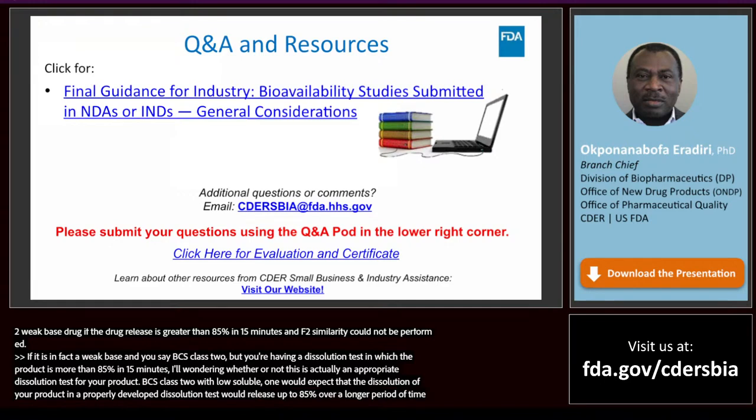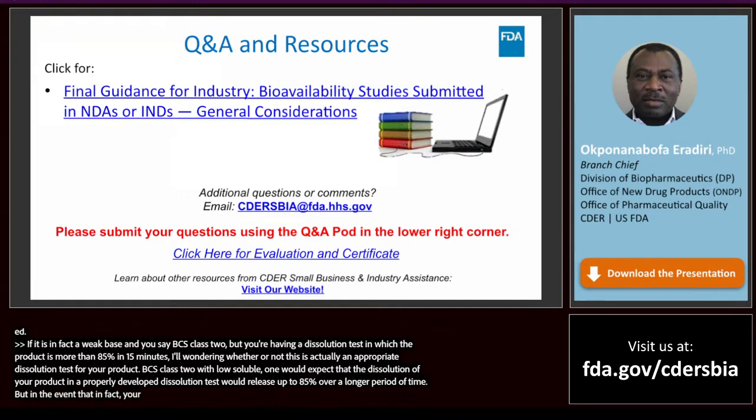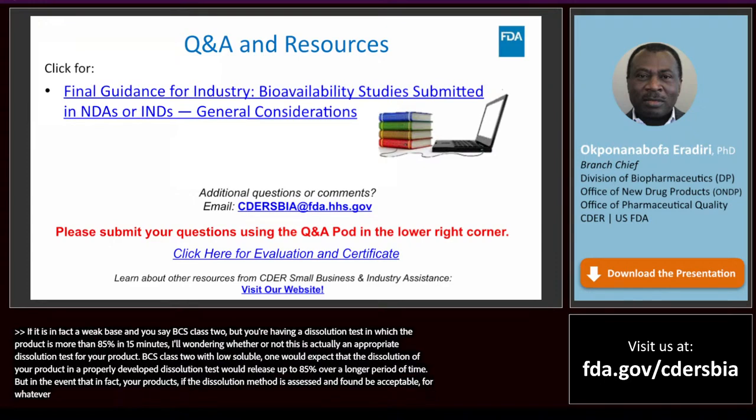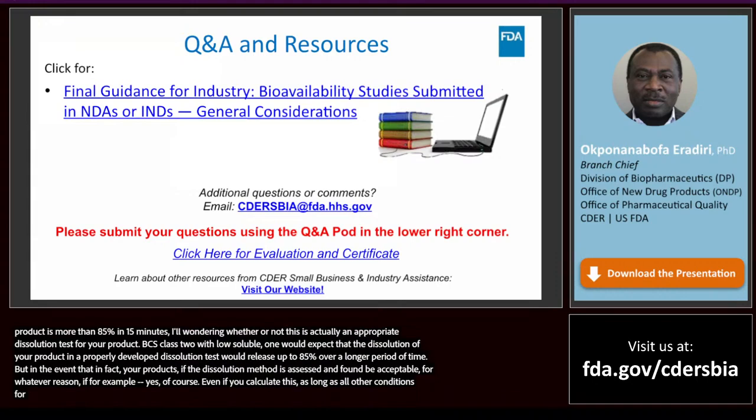But in the event that the dissolution method is assessed and found to be acceptable for whatever reason, if, for example, you didn't use surfactants and all that, if the method is assessed to be acceptable, then yes, of course, even if you cannot calculate F2, as long as all other conditions for the biowaiver request are met, the biowaiver may be granted.